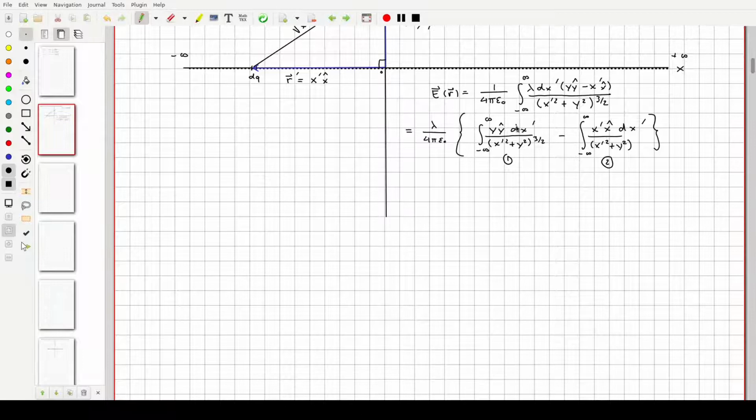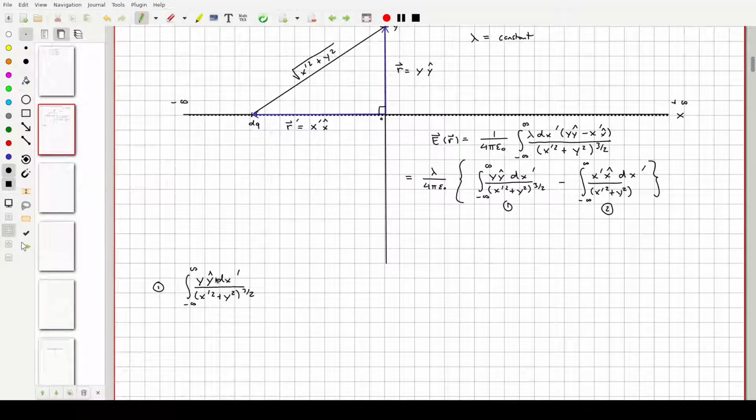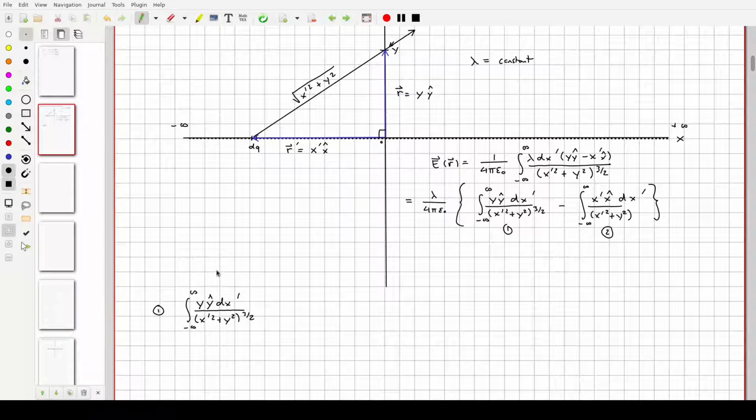So let's start off with number 1, which is the part that lies along the y-hat direction. So number 1 looks like this. Now, conveniently enough, y hat is just a unit vector, and in Cartesian coordinates, x, y, and z hats are constants.